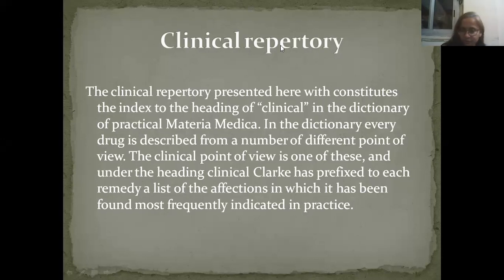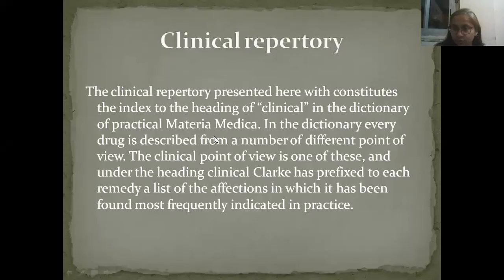The clinical point of view is one of these, and under the heading clinical, Clarke has prefixed to each remedy a list of the affections in which it has been found most frequently indicated. So in this clinical repertory, you will get remedies which are frequently indicated for those clinical conditions or diseases. This is a very, very important part of the clinical repertory by Clarke. I will show you the practical example also.